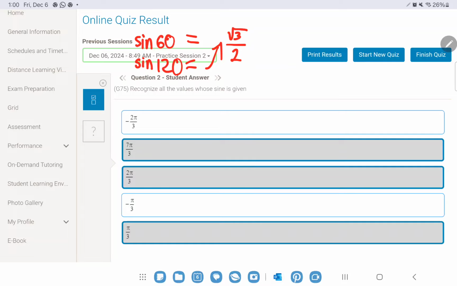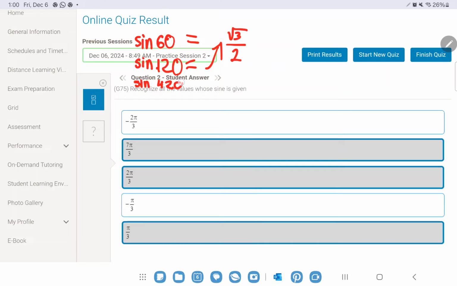And because we also need the negatives of these, but we can't use negatives, what do you have to do? You're going to add 360 to each one of these angles. So sine 60 plus 360. When you put it in your calculator, even though we're not allowed them in the exam, if we were allowed calculators, just make your calculator into radians and put everything in, and you'd get the answer immediately.